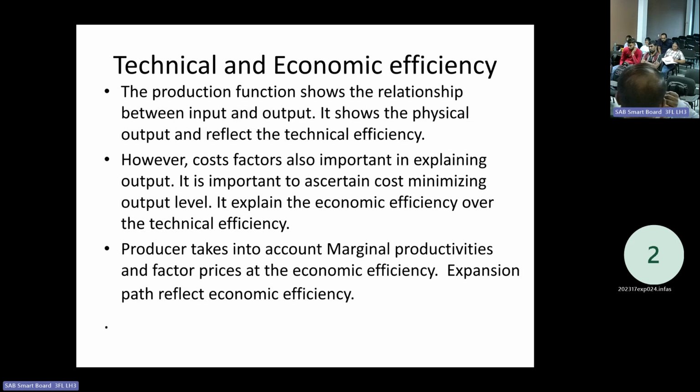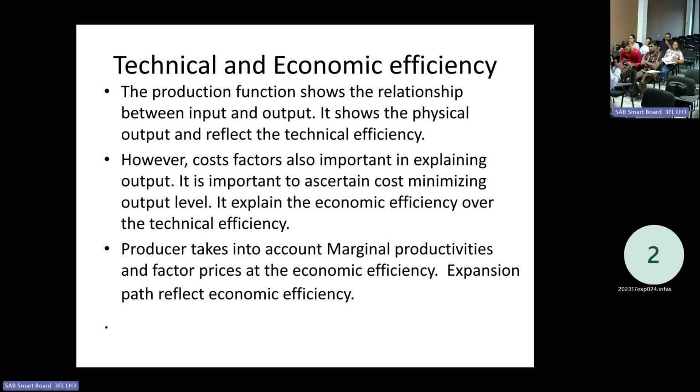That is the optimal output level. We call it the optimal output level. At the equilibrium, at the optimal output level, the producer has to take into account the marginal productivities and the prices.